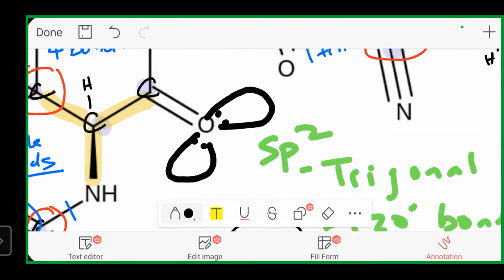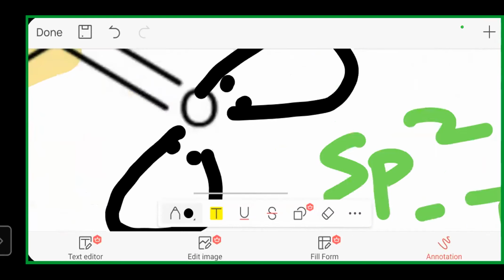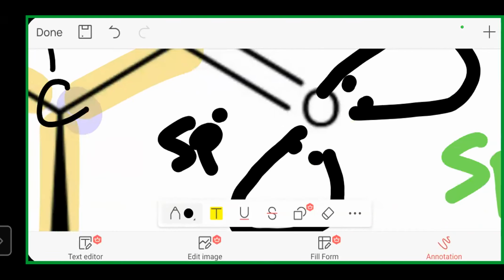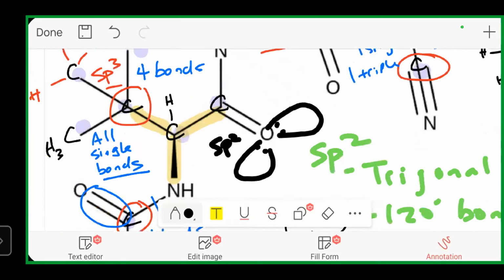So that oxygen is also sp2. Are y'all following that? The oxygen is also sp2 because it follows the criteria. It's trigonal, it has a 120-degree bond angle, and it has 3 groups attached to it because the lone pairs count as a group.